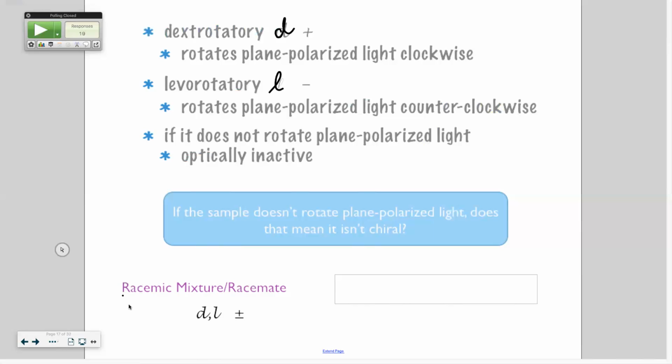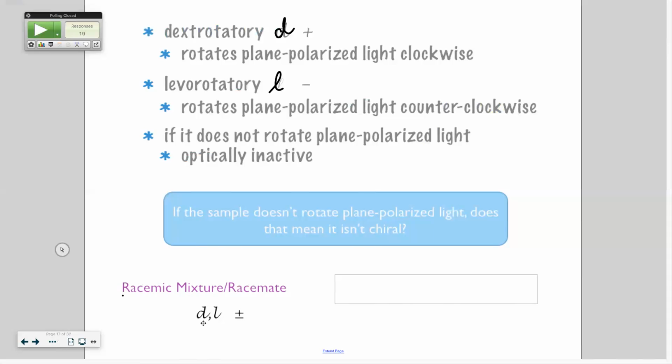I have to buy only the one, okay? The racemate is going to be designated D, L, or that plus minus. Usually they don't use both. Which one you use is kind of irrelevant. It doesn't matter. But if you want to only buy one of them, you need only the D or only the L. Okay?